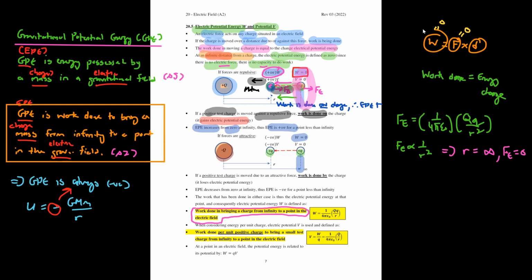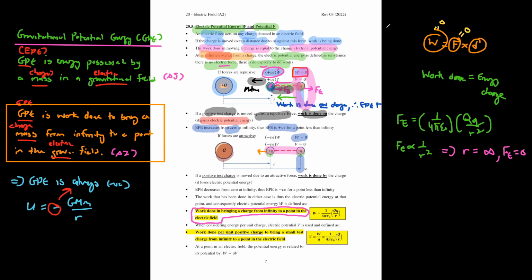So you try to bring your charge from infinity all the way to here. Now you consider what forces act on the test charge. Because this is positive but this is negative, you are going to have attractive forces. So the electric force that acts on your charge right now would be towards the left.